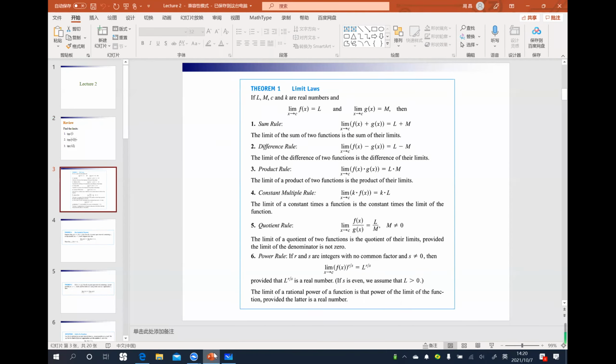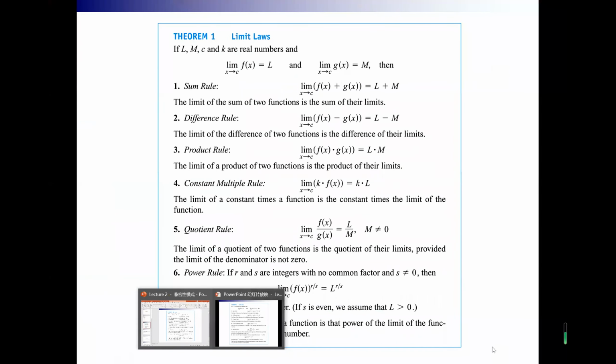We have the sum rule, difference rule, product rule, constant multiple rule, and quotient rule. You will also find it in your book. I will make it bigger.